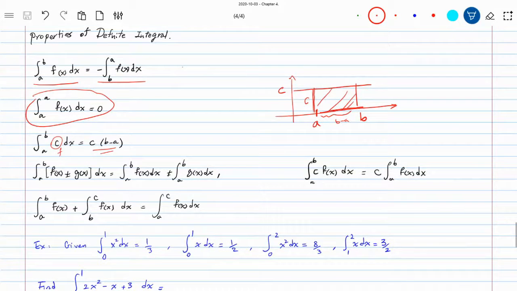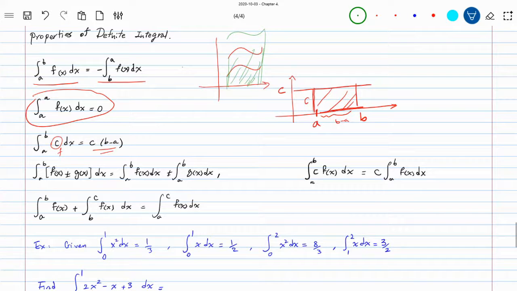There are some properties that if you have two functions added or subtracted from each other, you can split the areas. So let's say you have two functions combined above each other. If you add these two functions together, you will get a larger function. What you can do is calculate the area of the first one, the area of the second one, and add them up.